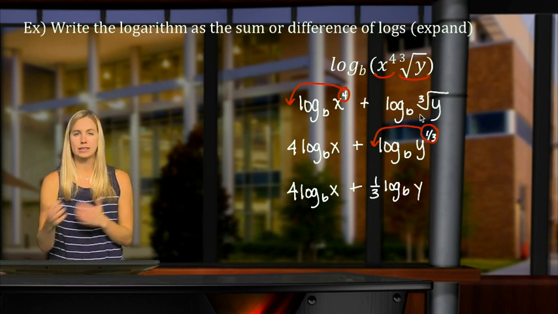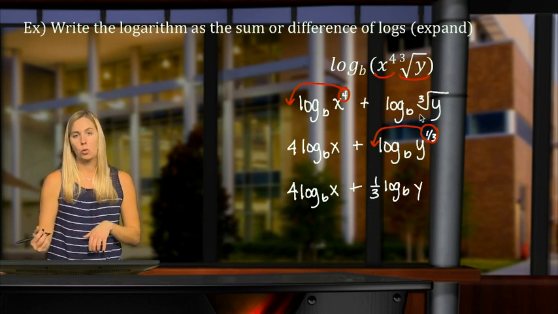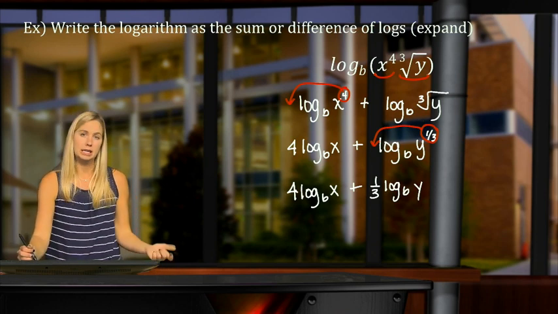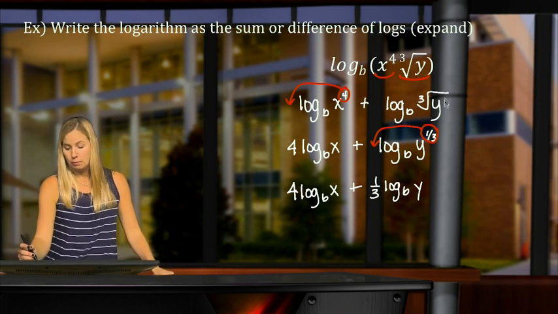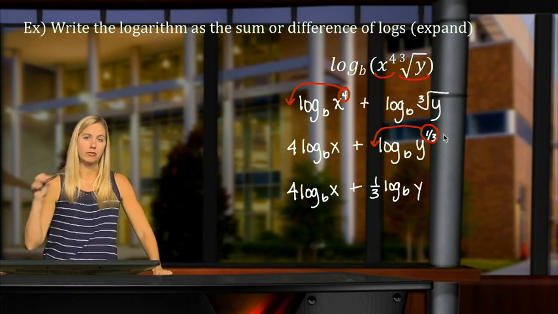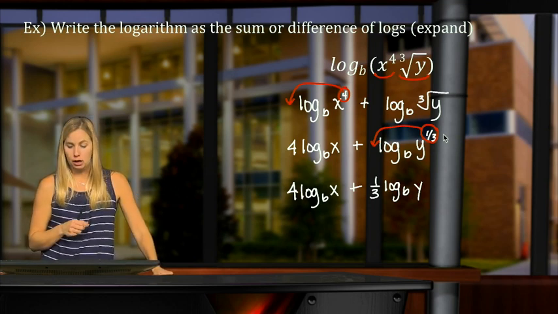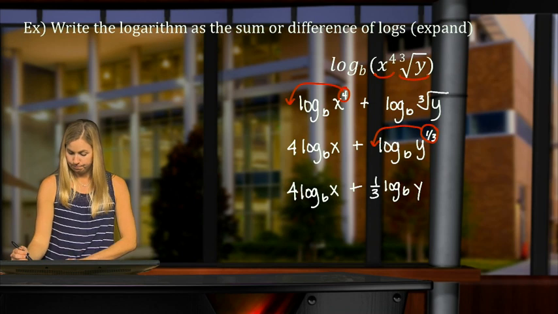If you recognize that the cube root of y is the same as y to the 1/3 and you don't want to take this intermediate step, that's fine. But for some of us, we want to make sure that we review that rule of converting from radical form to a rational exponent.